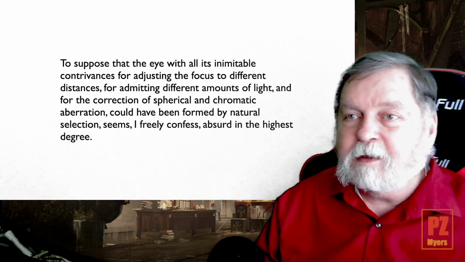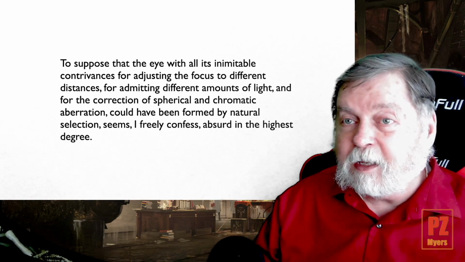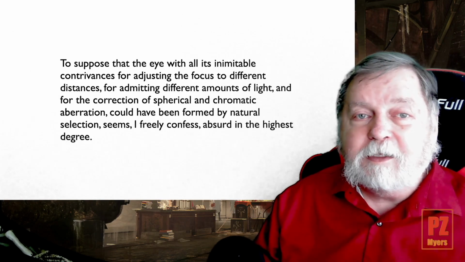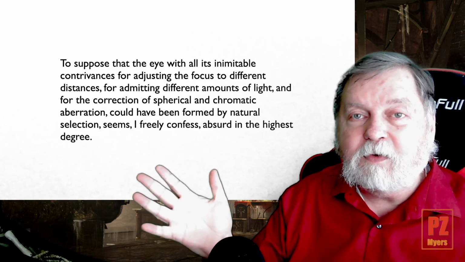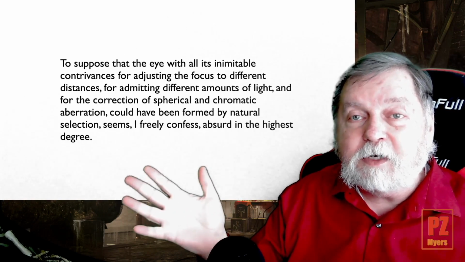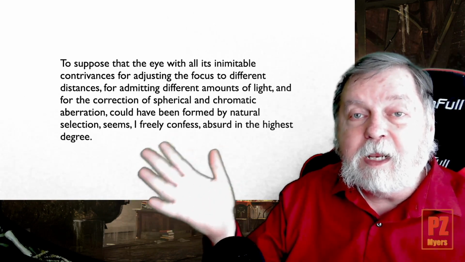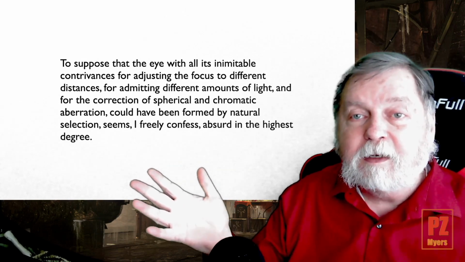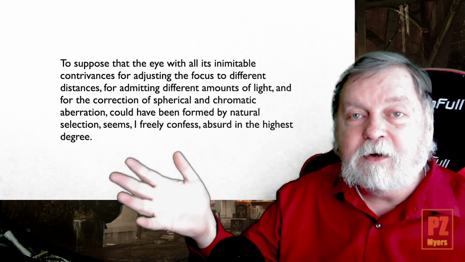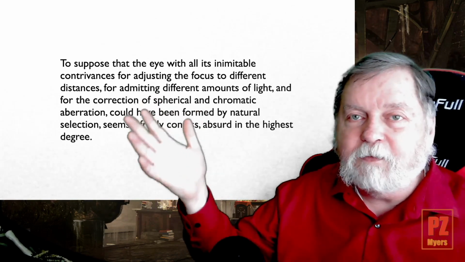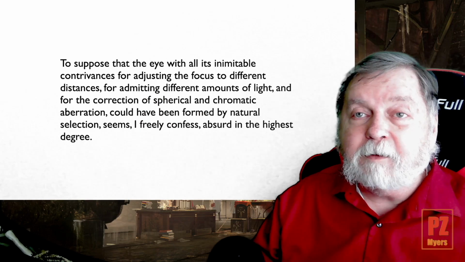Eyes, on the other hand, are a major advance on that, because now you're going to take an array of photoreceptors, and you're going to use the structure of the eye to focus an image on that array so that we can actually sense shapes and patterns and colors and all that kind of cool stuff in the object we're looking at.